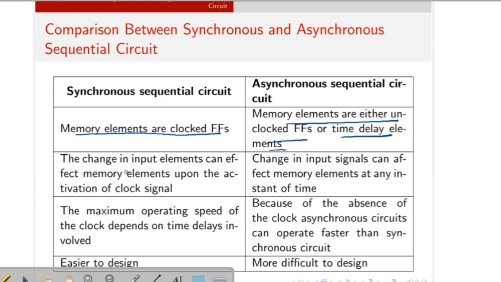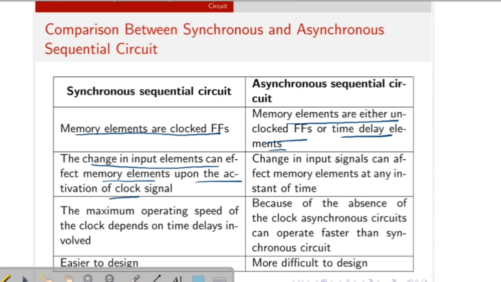In a synchronous sequential circuit, a change in input can affect the memory elements upon the activation of the clock signal. That means the memory elements change their state only when we apply a clock signal, and depending upon the input conditions, they change from present state to next state.